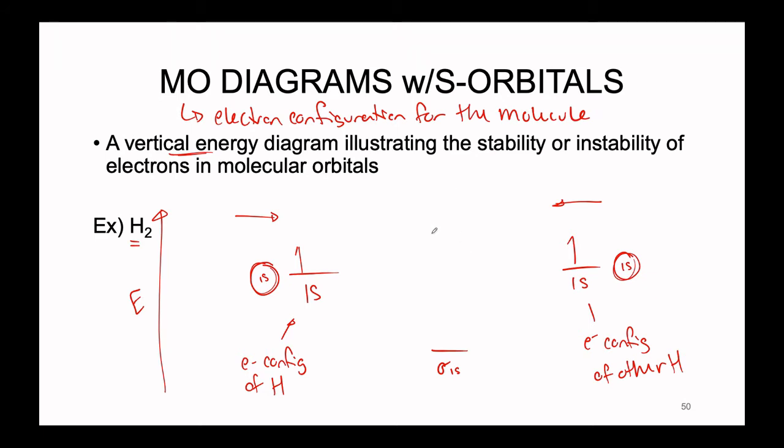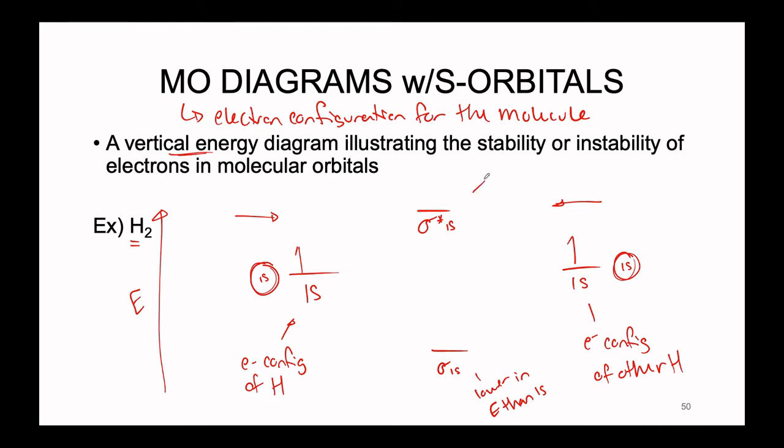We will also have an anti-bonding, but because this is higher in energy, we are going to illustrate it up here, a sigma star 1s. So the organization here in the center symbolizes that the sigma 1s is lower in energy than the individual 1s orbitals where the electrons started from.